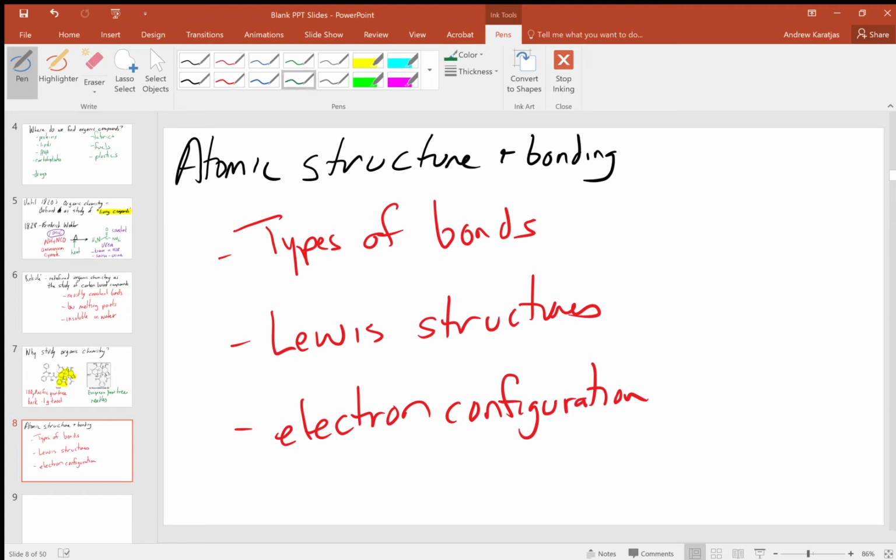Because remember, in foundations, if I asked you to draw a molecule that was C2H6, you would have drawn something that looked like this. Or you might have gone even further and drawn all the electrons.